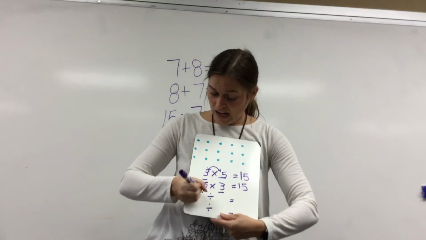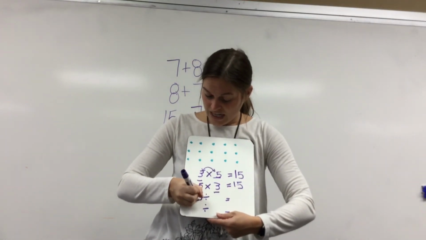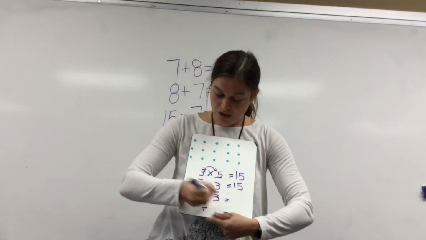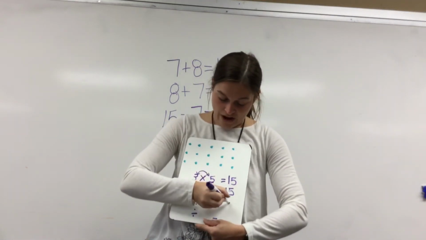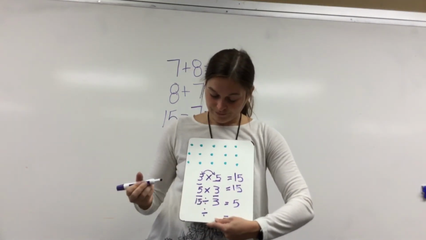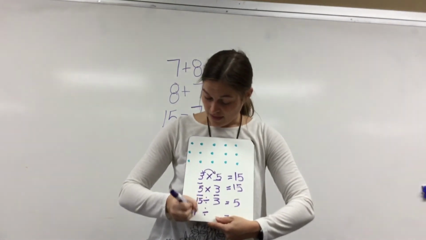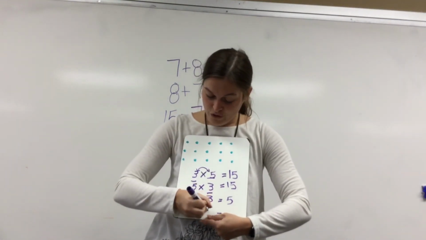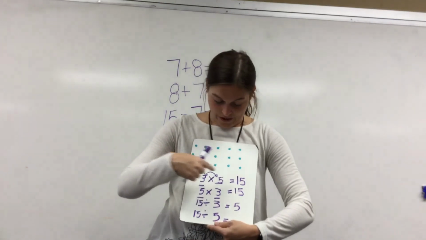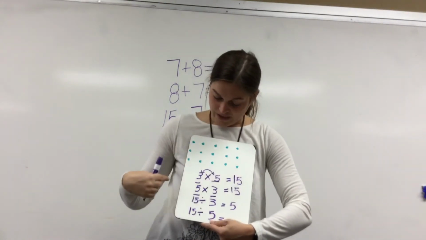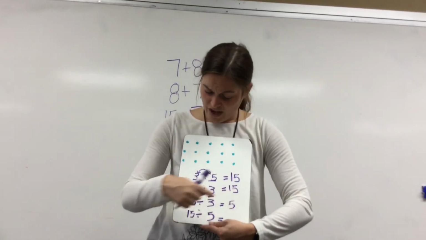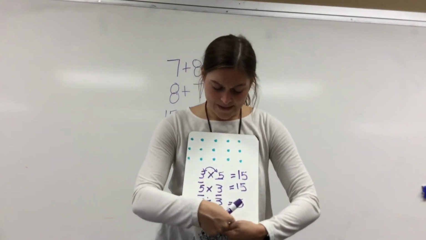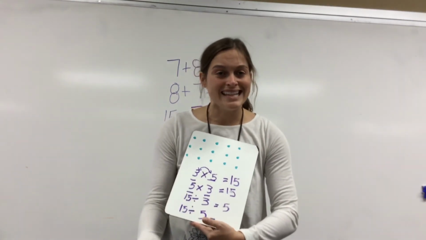So, how many total dots? Well, I just said there are 15. If I put them into 3 groups, boop, boop, boop, I have 5 in each group. If I put them into 5 groups, well, I've got 3, I've got 5, I've got 15. 15, 3, and 5. 15, 5, and what number's missing?